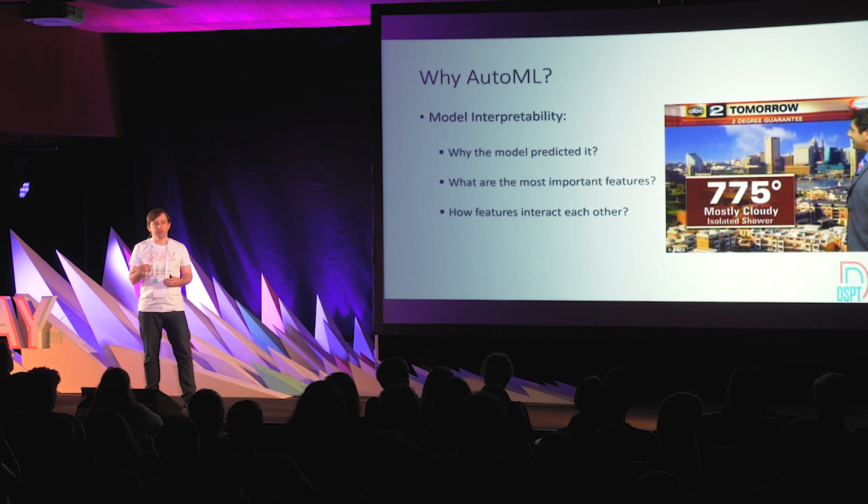This is very important when you try to defend or explain to someone who doesn't know data science why your model works. It's very important on a daily basis, not only for experienced data scientists, but for the general user of a tool like autoML.